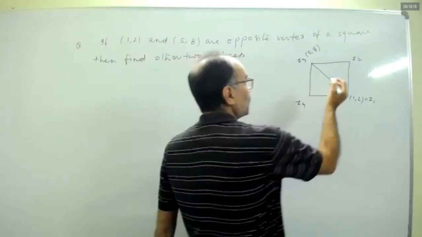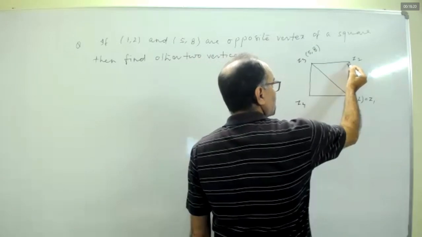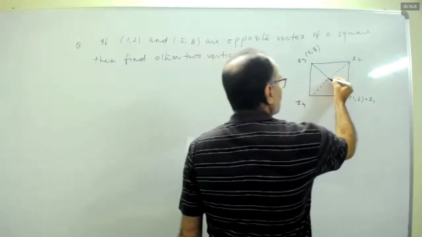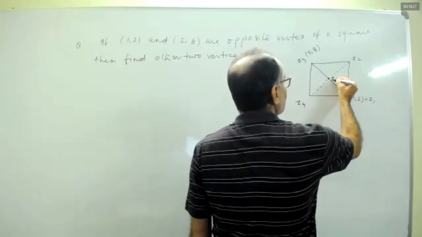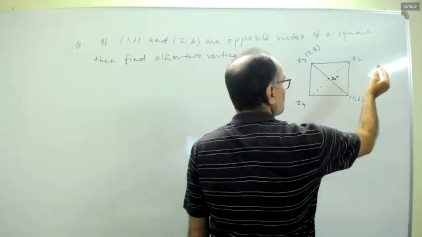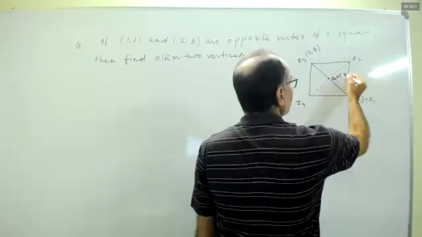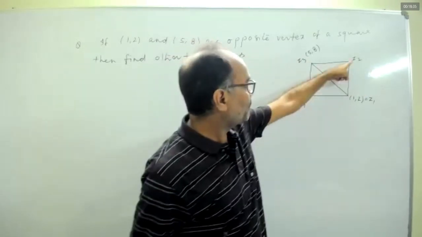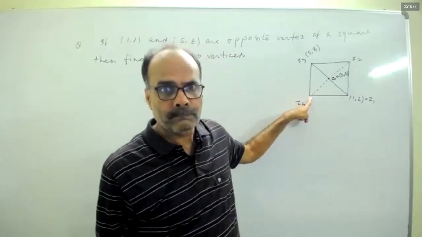Now, if you do it by coordinate geometry, I will tell you the method. The midpoint Z0 will be (3, 5). Now we can find the slope of this line.